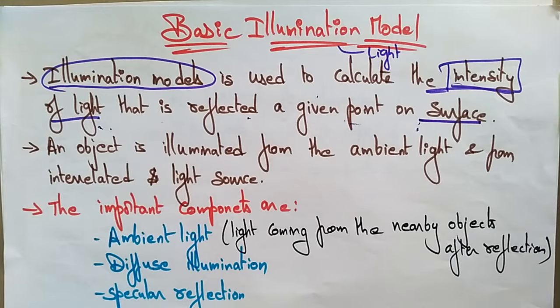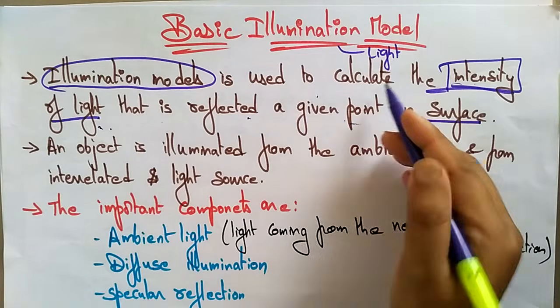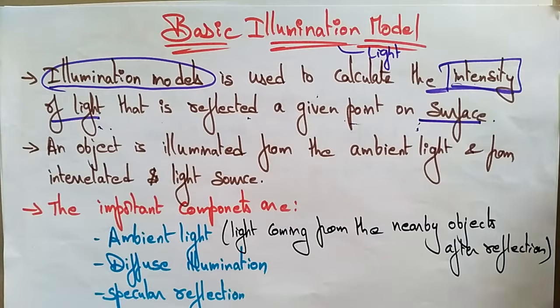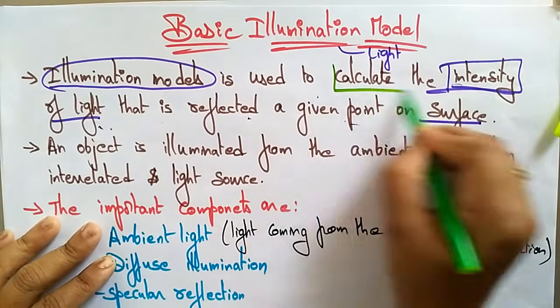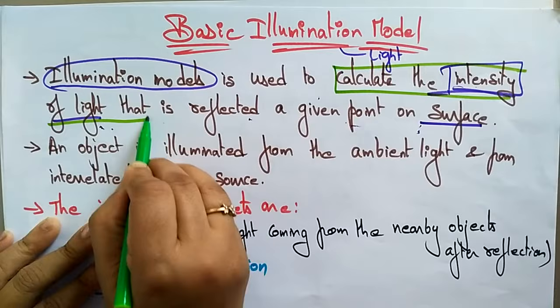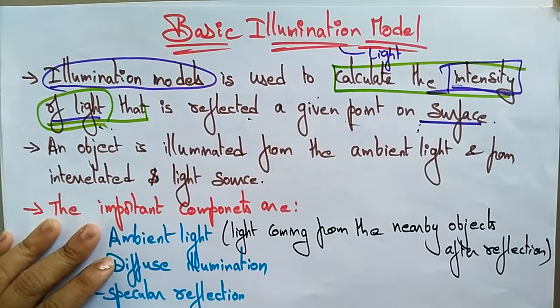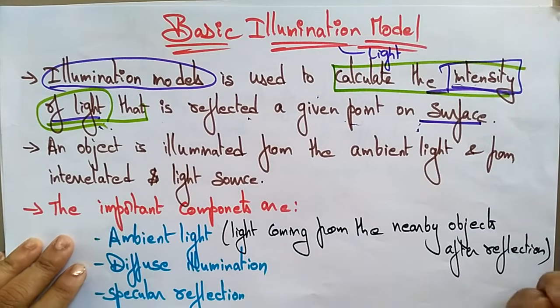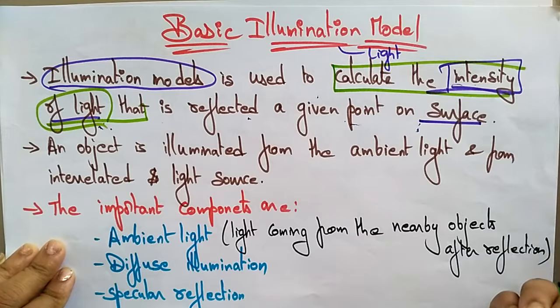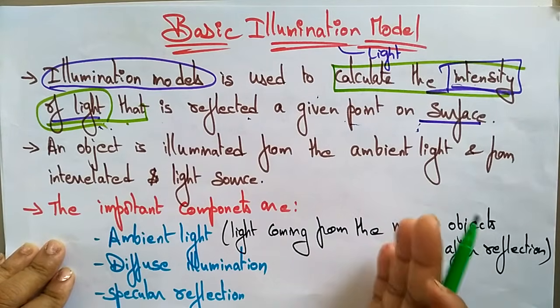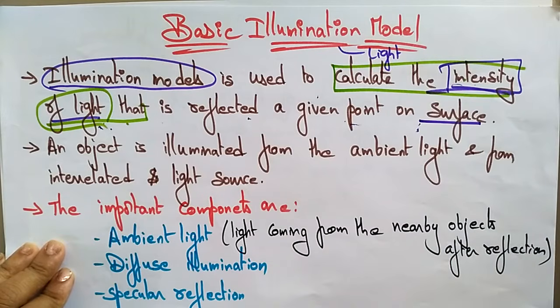The main aim here is to calculate the intensity of the light. The thing you have to remember is why we are using these illumination models. Different models are present. Why are we studying these different models? Because, to calculate the intensity of the light, different objects will absorb the light and reflect the light.